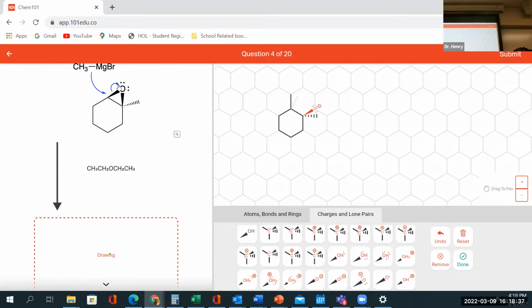It's going to want to attach itself to, so is it going to want to attach itself here? So should we have a magnesium at the end of our carbon structure? Or should we have magnesium that's going to be attached at this level?